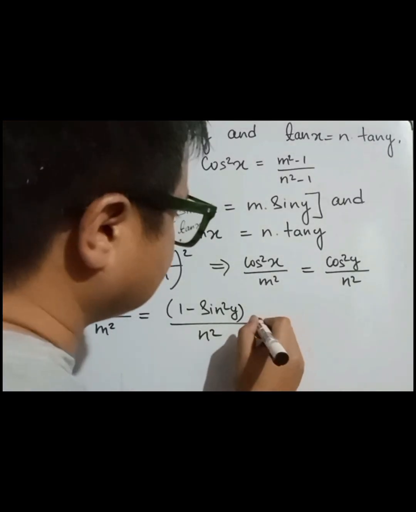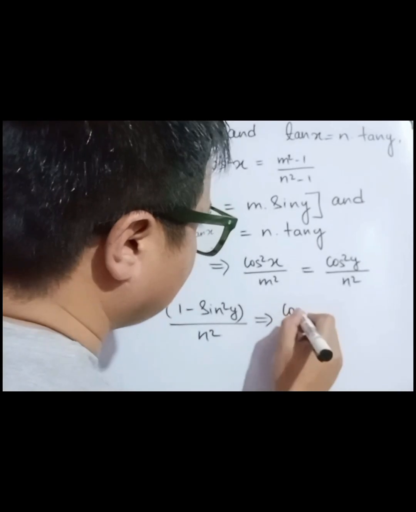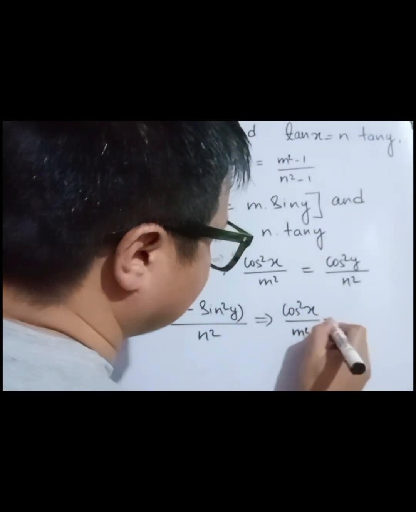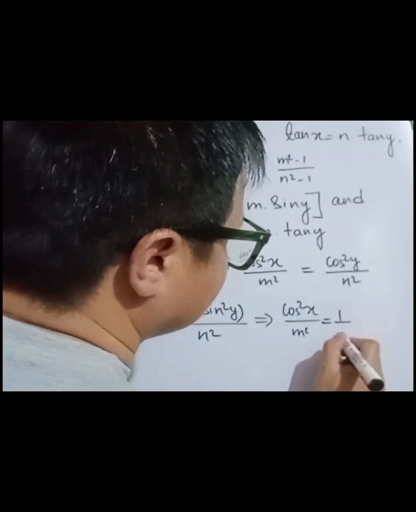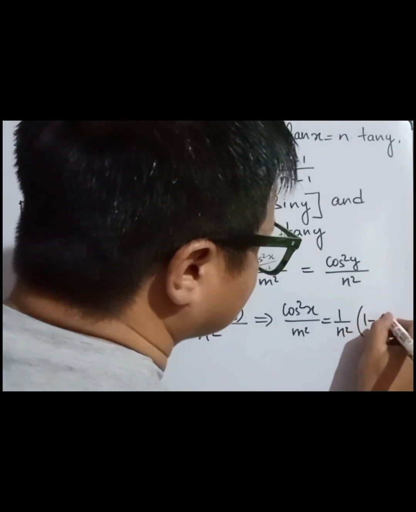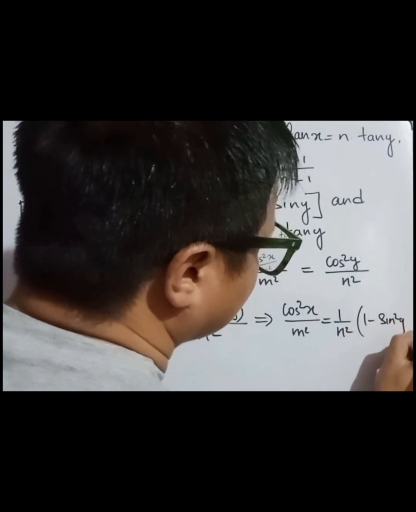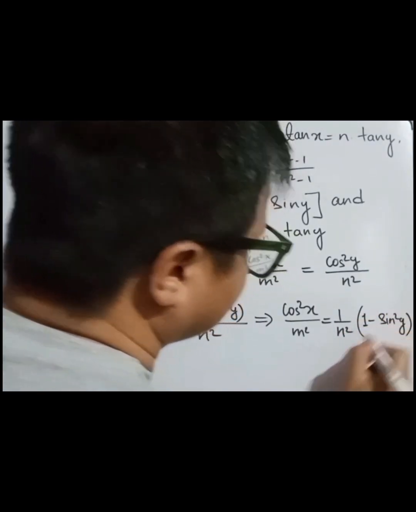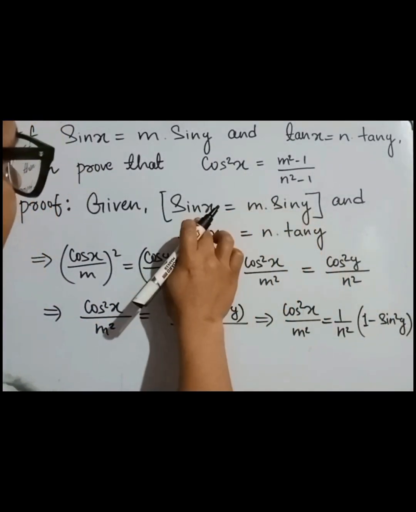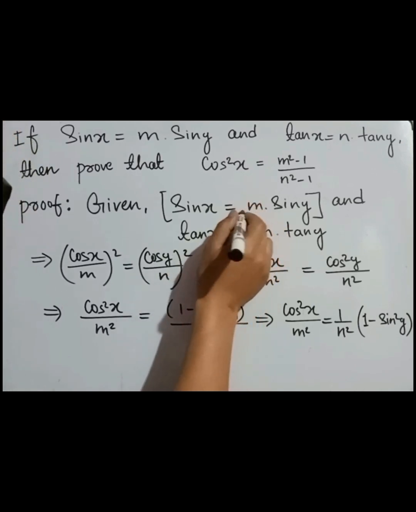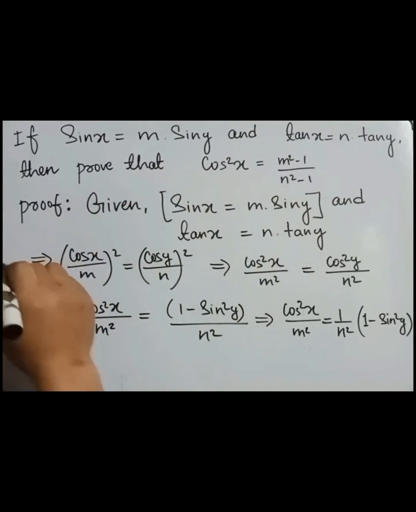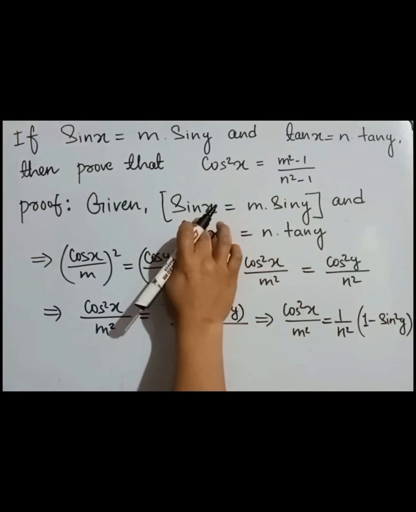And this gives cos square x upon m square is equal to 1 upon n square into 1 minus sin square y. And in the next line, we can substitute this sin y by sin x upon m. Because from this equation, we get sin x upon m is equal to sin y. So let us substitute this with sin x upon m.